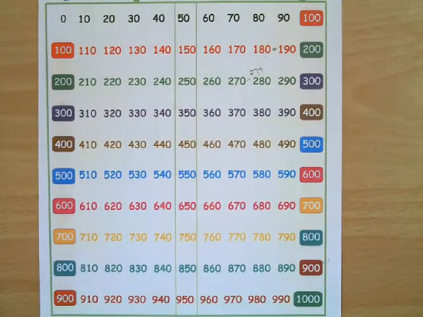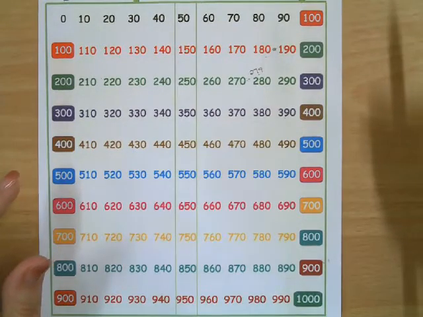Okay, let's look at 552. Christian, what color is your marker? We're going to look at number 15, which is 552. So where's 552 going to be located?